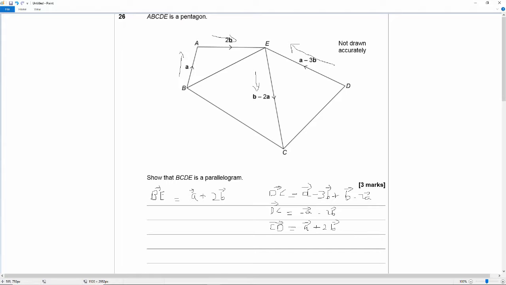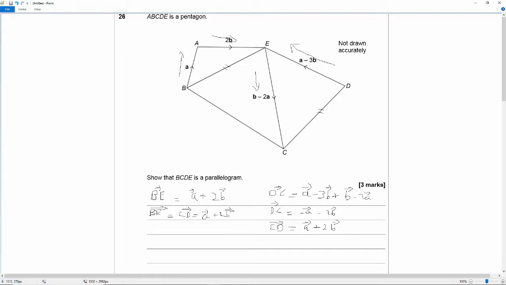So BE is equal to CD is equal to A plus 2B. Okay, so we've proved that these are parallel and equal in magnitude.